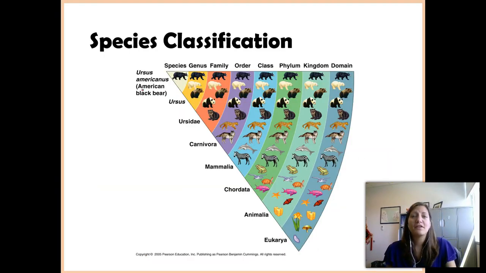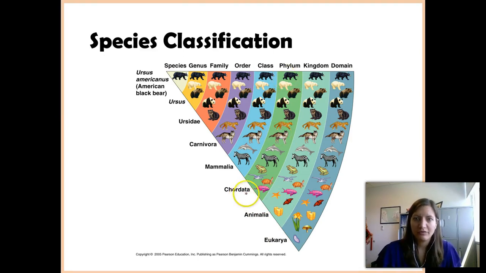I'm going to give you another example. Again, you don't need to know the specifics, but kind of just demonstrating how this classification works. So the domain level, here you can see all sorts of organisms from mushrooms and starfish to dolphins, and we're trying to get down to this black bear. At the kingdom, we're just looking at animals, so we're getting rid of the plants and everything. Chordata are things with backbones.